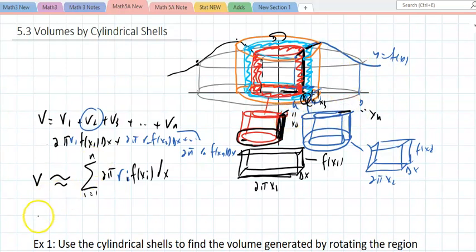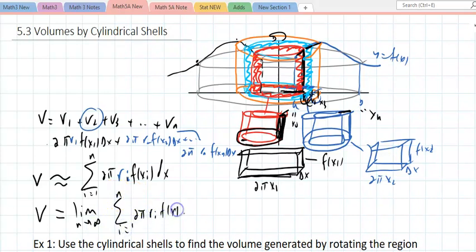If I want to find the exact volume, I take the limit as n approaches infinity of the series i equal 1 to n of 2 pi r sub i f of x dx. I rushed by putting that. And that would be the integral from a to b of 2 pi times the radius times the height dx.